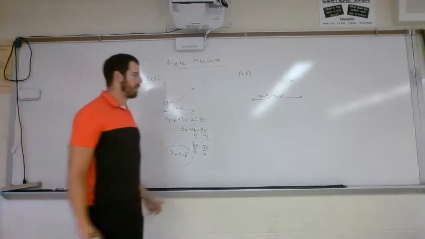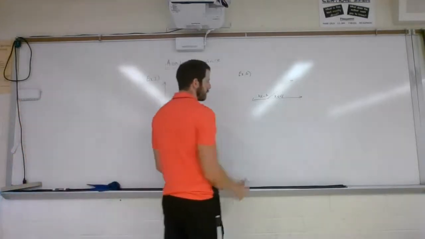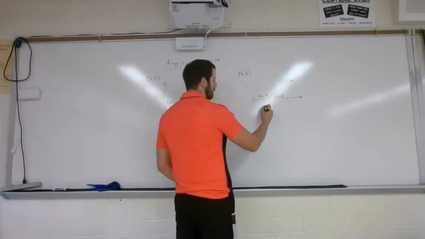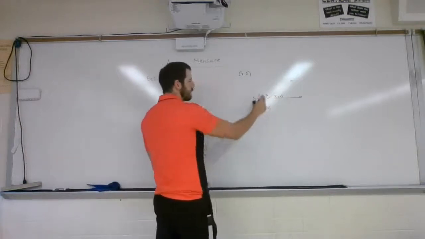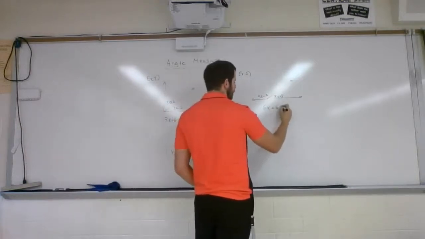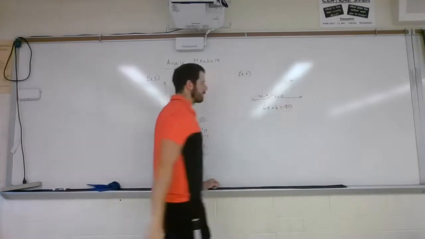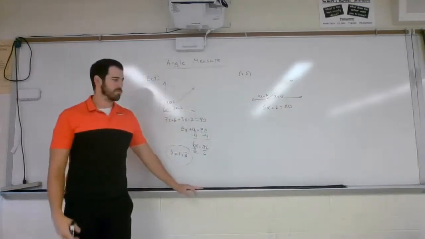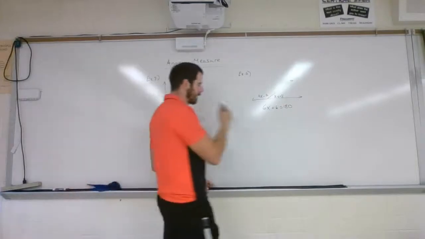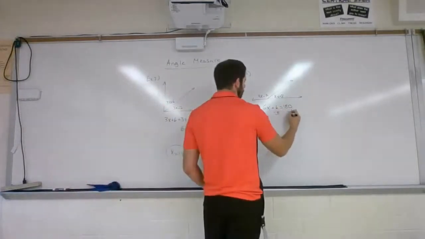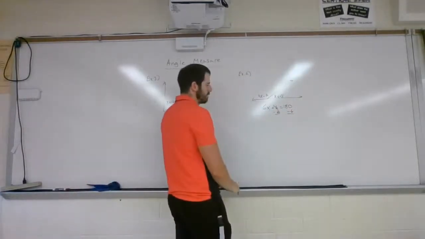Same concept, now we're adding up to 180 degrees. Let's do the shortcut. 4x plus 2x gives me 6x. Negative 2 plus 8 gives me 6. Equals 180. And then we just solve from there. Subtract the 6 from both sides. They cancel.